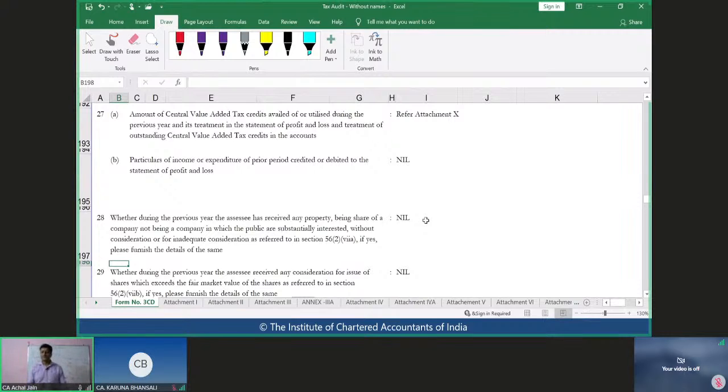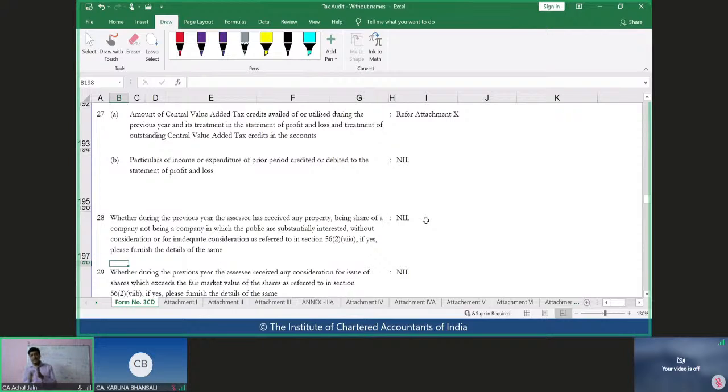Okay. Yeah. Next is about the prior period item. So if there are any prior period items which would have been impacting the P&L, so those are also required to be reported over here. Now in relation to prior period items, the way to track that will be to go through the financial statements of the company, because prior period items under Indian GAAP are required to be disclosed separately, presented separately.